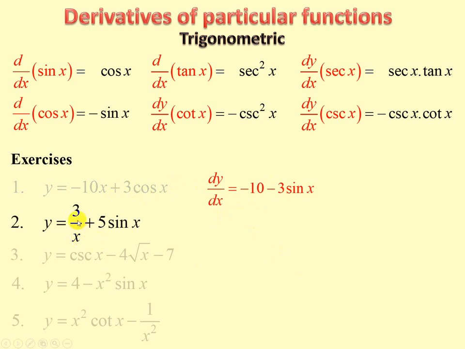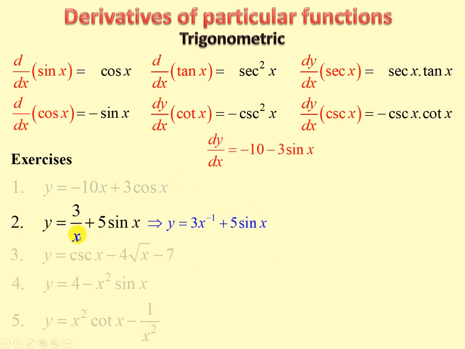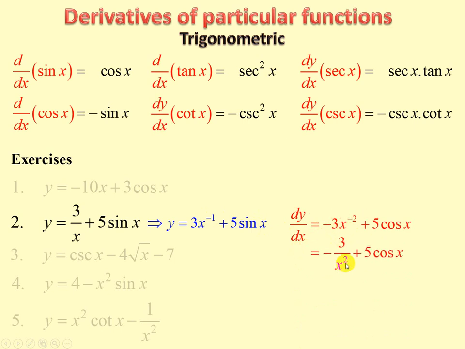Similar sort of thing, except we're going to have to write that 3 over x as 3x to the minus 1. Now we can differentiate the normal way, so that becomes minus 3x to the minus 2, and that plus 5 cos x. And we can simplify it to minus 3 over x squared plus 5 cos x.